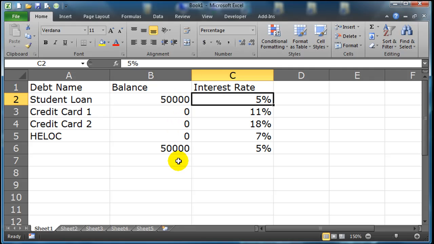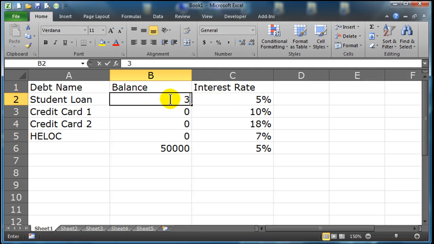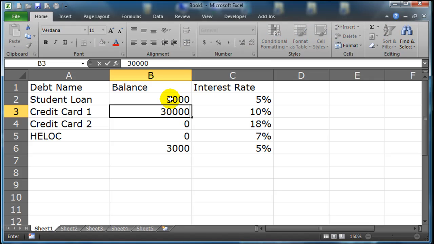Let's see, if we had 5% for this, 10% for this, and I had equal amounts of debt. Let's say $30,000 for student loan and $30,000 for credit card.